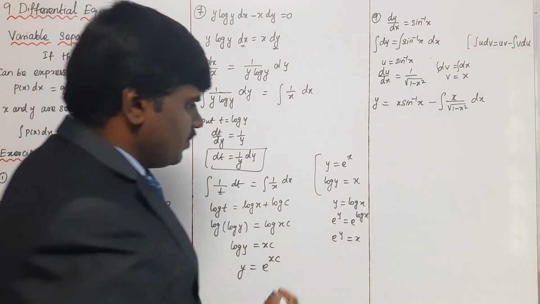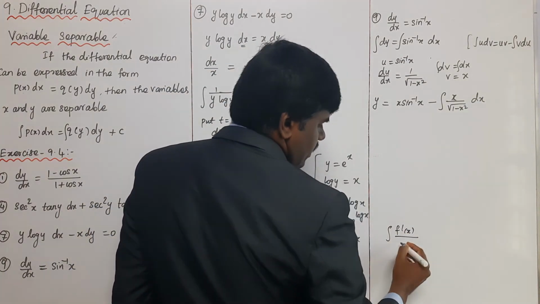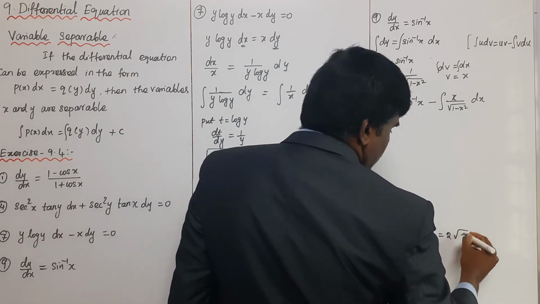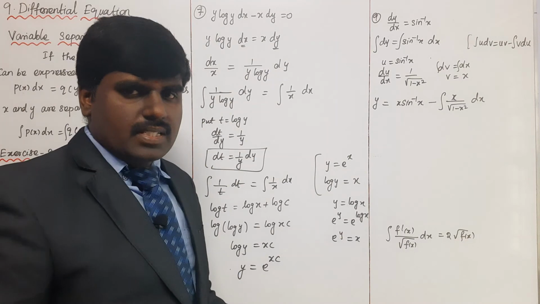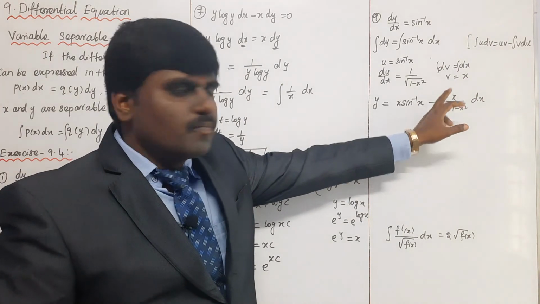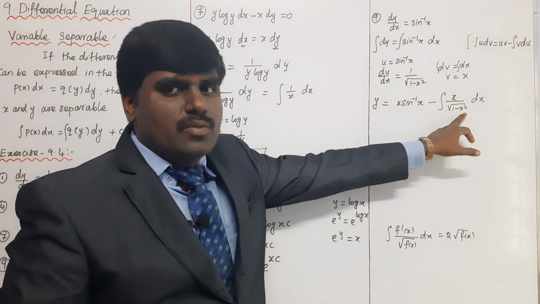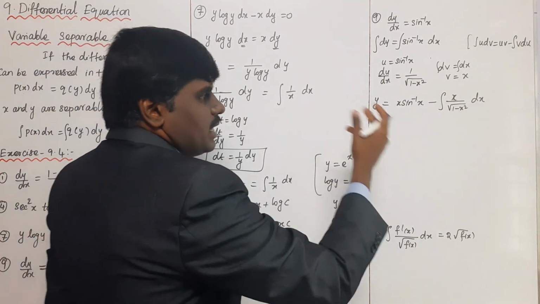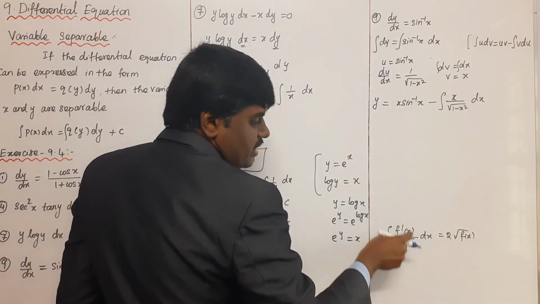Again, we use another formula. You know that the integration of f dash of x divided by root f of x into dx is equal to 2 into root f of x plus some constant c. That is the basic definition: the derivative of the denominator expression gives the numerator.